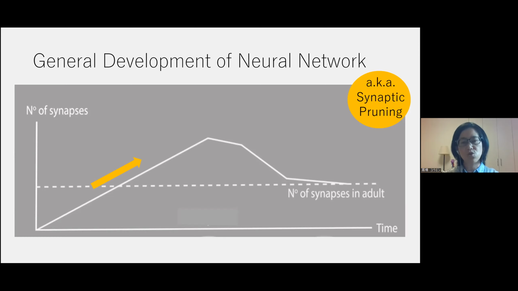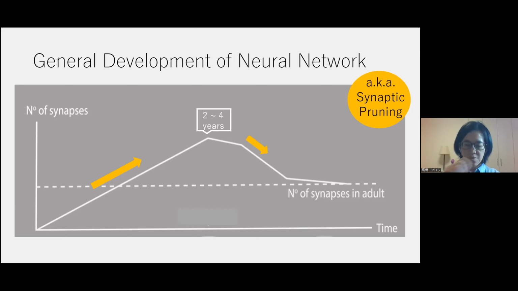And it continues to grow and reaches the peak at about the age of 2 to 4 years old. So the number of synapses is the most at about 2, 3, 4 years of age. And after that point, the number of synapses actually begin to decline.